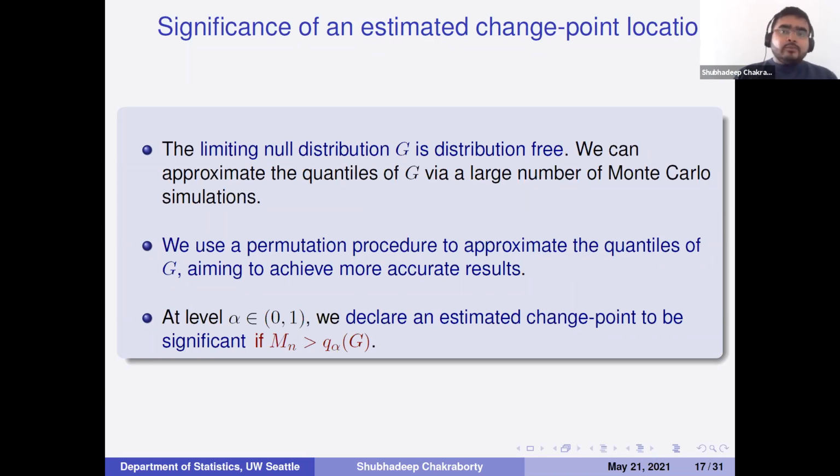We used a permutation procedure to approximate the quantiles, hoping to achieve more accurate results. So the single change point detection procedure, we state it like this: for any pre-specified level alpha, we say that a candidate change point location tau naught hat is significant if M_n exceeds the upper alpha quantile of its limiting distribution.